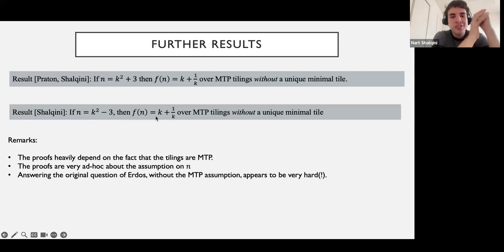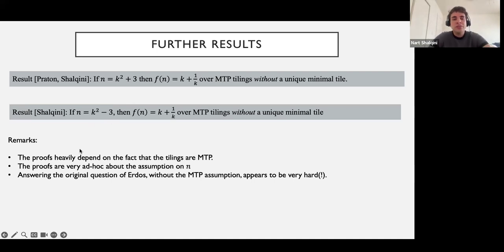So there are a few remarks. The proof is heavily dependent on the fact that the tilings are MTP, and there doesn't seem to be a way to generalize this when tilings are not MTP. So MTP is a pretty strong restriction. And also the proofs very much depend on the form that n has, on the fact that n is 3 more or 3 less than a perfect square.